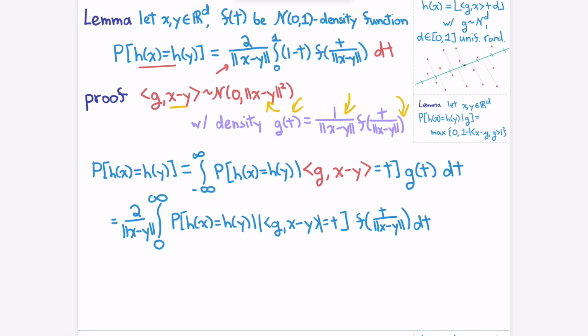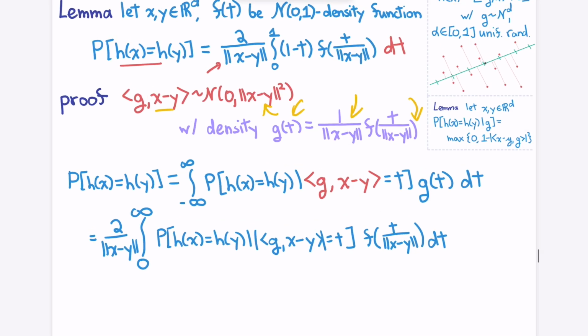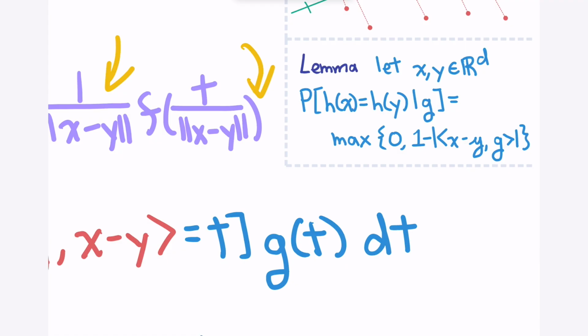So from here, I think we just plug in our lemma from before. Our lemma says this thing is either 1 minus that distance on the line all the way down to 0.